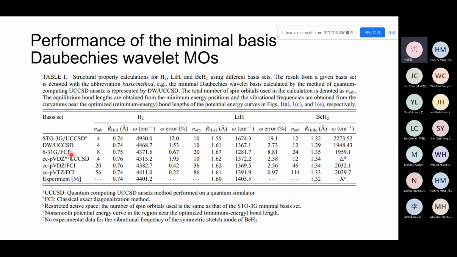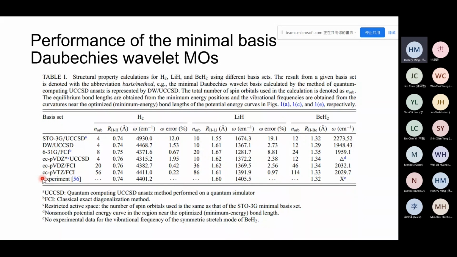For this calculation, the UCCSD can roughly generate the same result as full CI, and UCCSD is easier to implement on a quantum computer compared to the classical implementation of full CI. Okay, I see. Thank you.